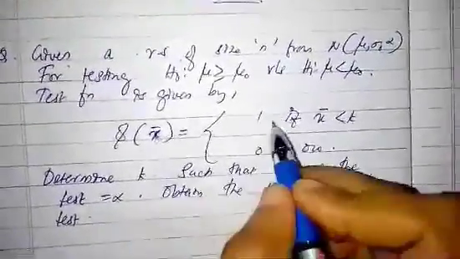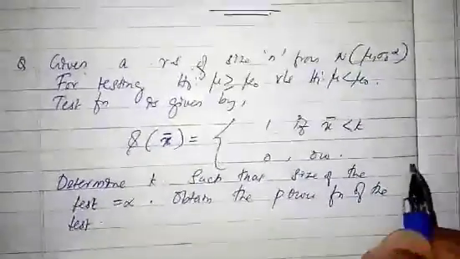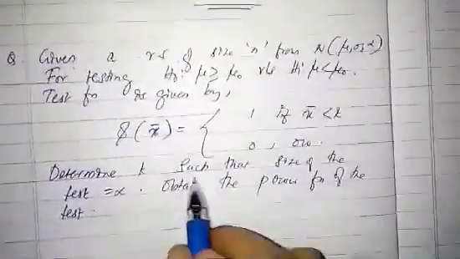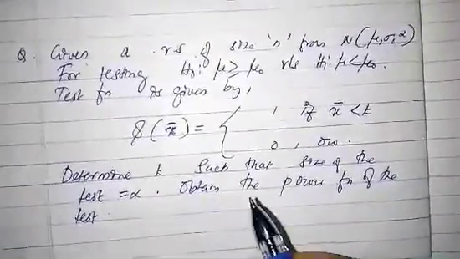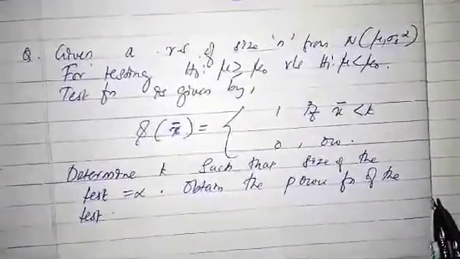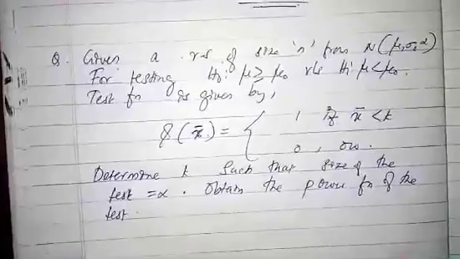Phi of x bar equals 1 if x bar is less than k, 0 otherwise. And the question is to determine k such that the size of the test is equal to alpha, and obtain the power function of the test. Understood?